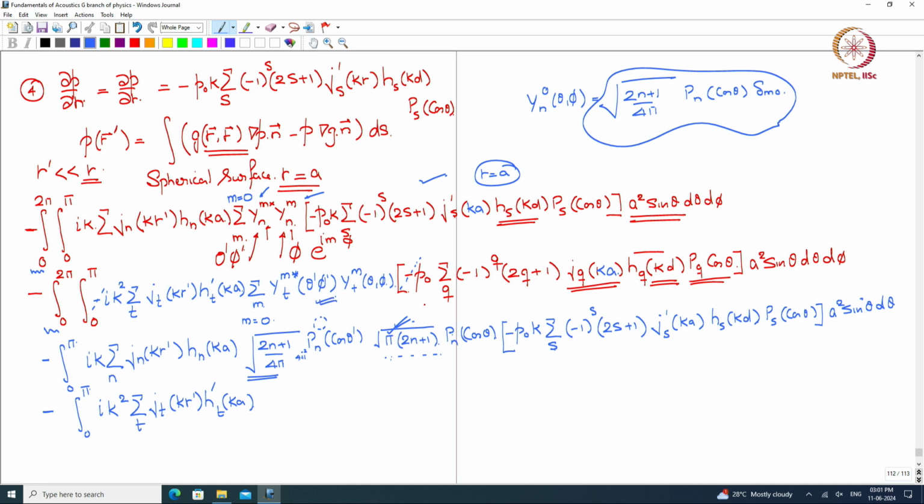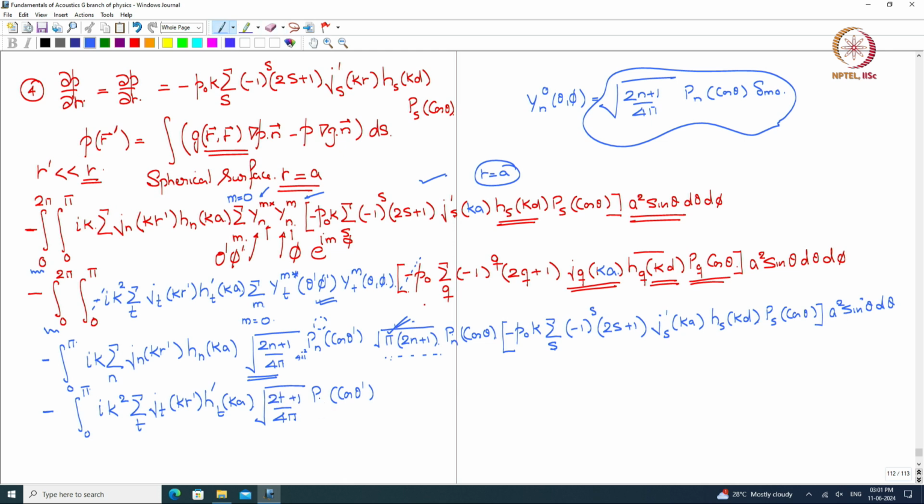I will get a square root of (2n plus 1) by 4 pi, Pn cos theta dash. This will be t, unfortunately, not n, this will be t.